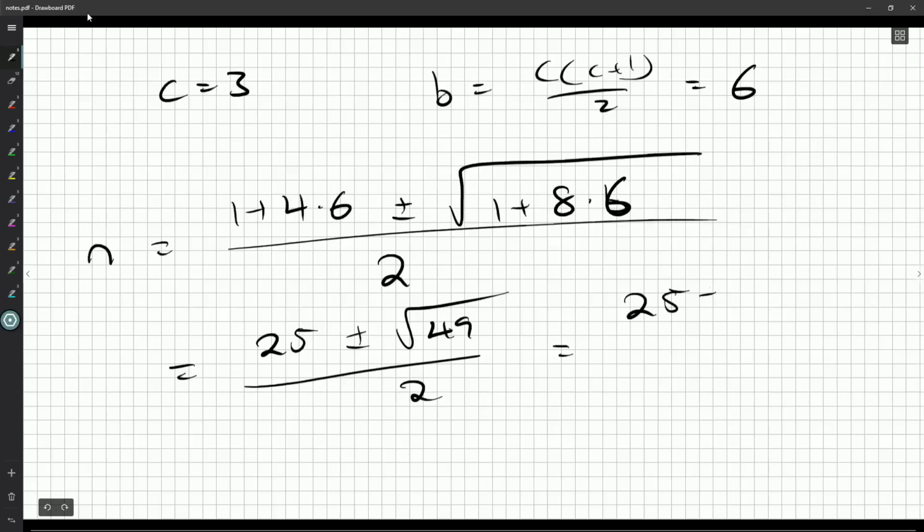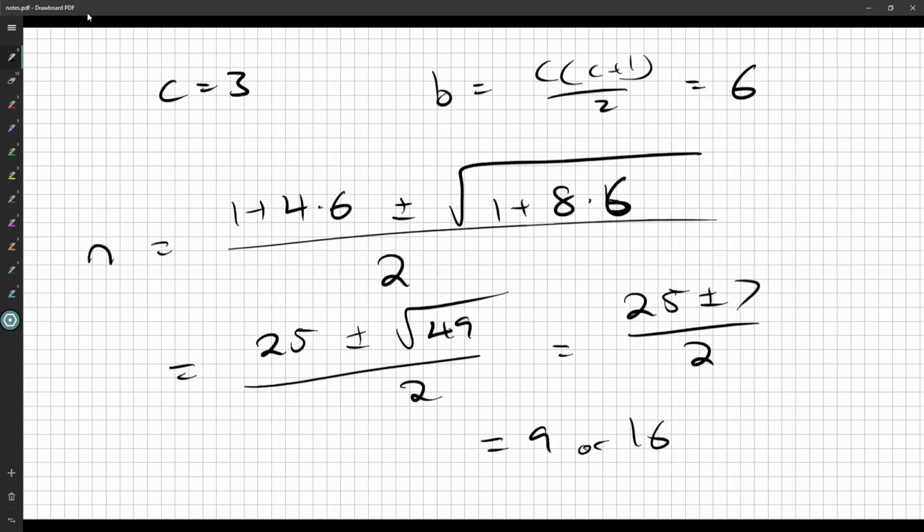So we'll get 25 plus or minus 7 all over 2. So we will get either 32 over 2, which is 16, or 18 over 2, which is 9. Okay. Sure. So either one should do the trick.